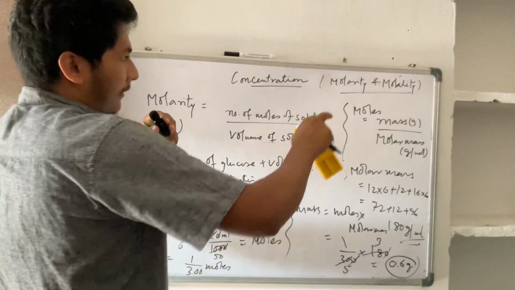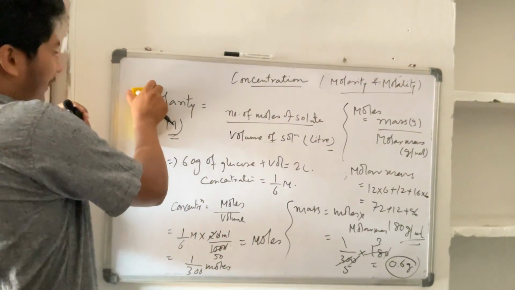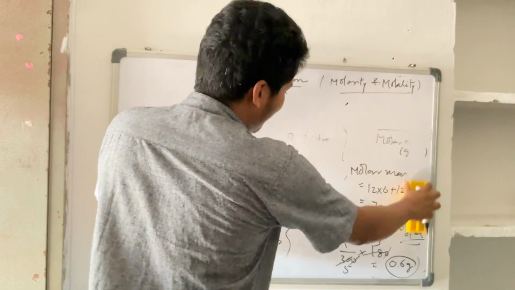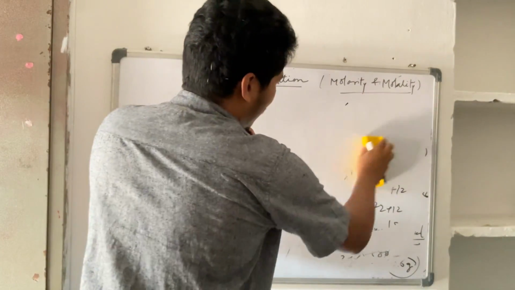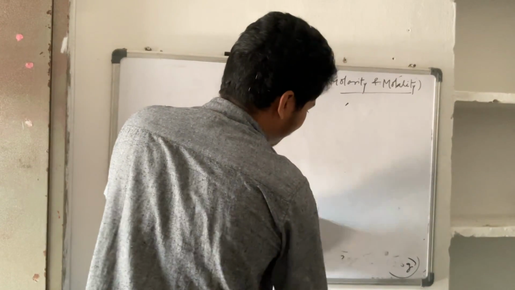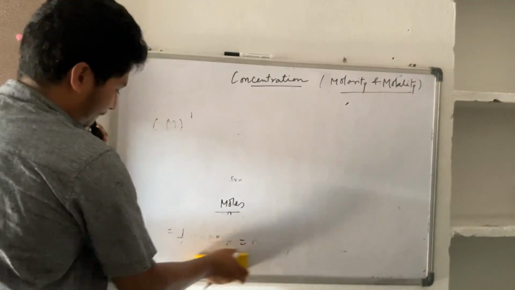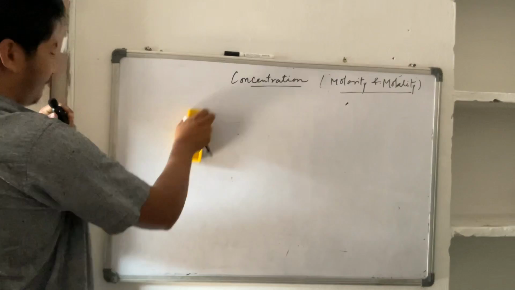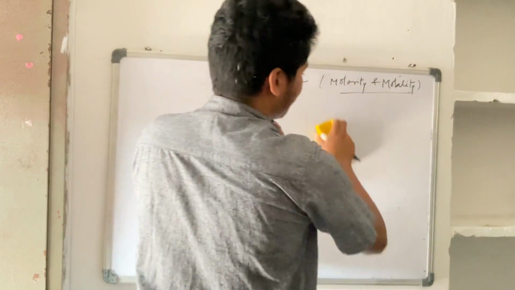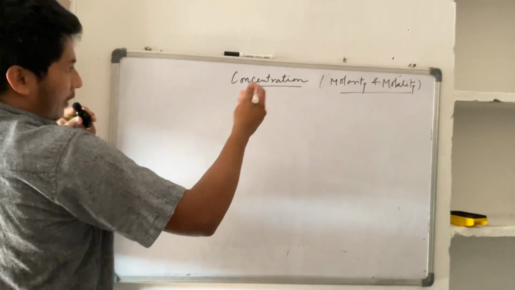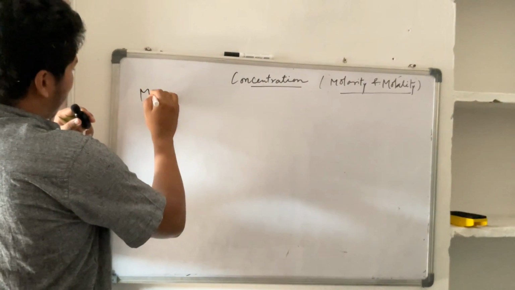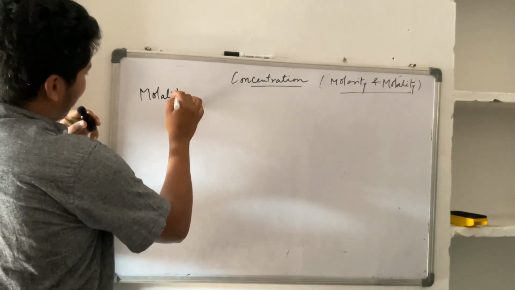Now we should discuss molality. Molality is also a way of expressing concentration. We have seen how we express molarity, now we look at how we express molality.